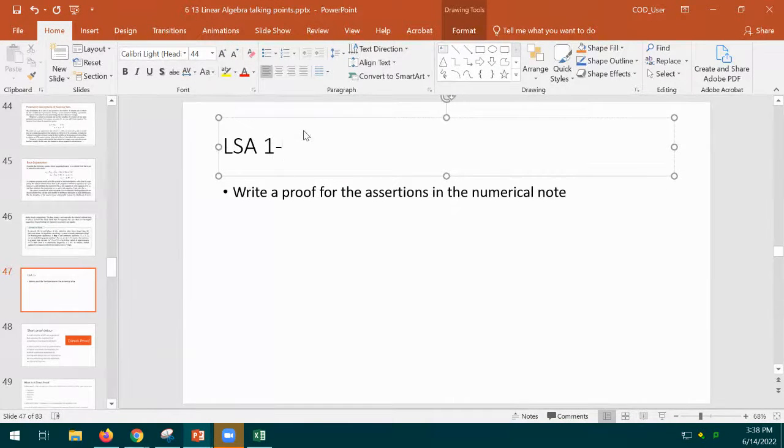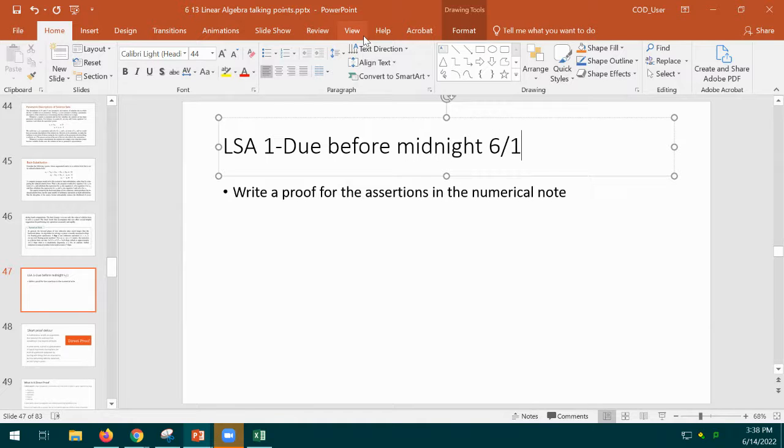Okay, good. So this LSA 1, I'm going to say that this is due before midnight on Sunday. I have to figure out what Sunday is. I think Sunday is the 19th, we'll just say it is.